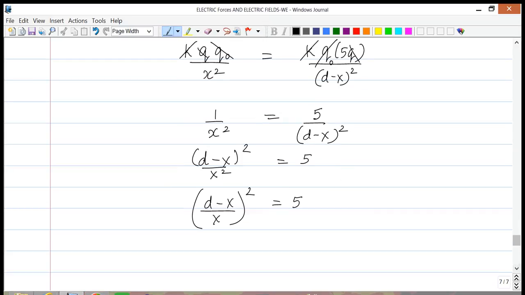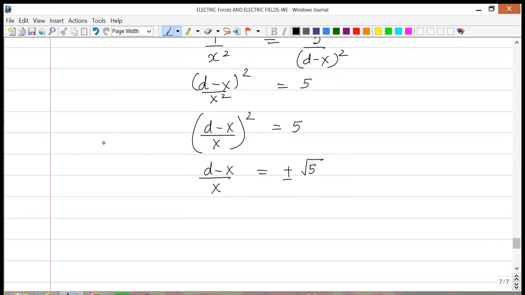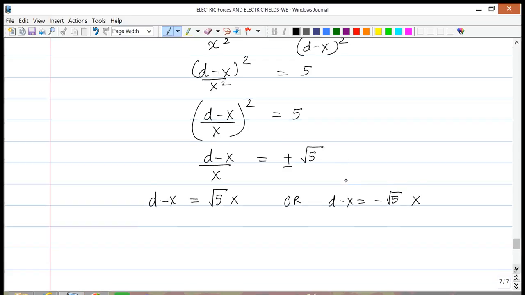Now here, you could have also set up a quadratic equation and done the problem, but I'm just going to use a slightly different rule. Once we get this, we have (d minus x) over x is equal to plus or minus square root of 5. We have two choices. So we have d minus x equals square root 5 times x, or d minus x is equal to minus square root 5 times x.